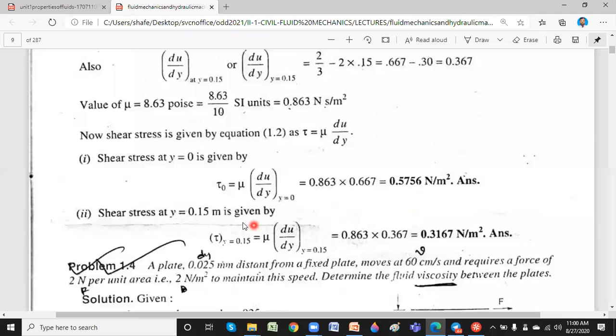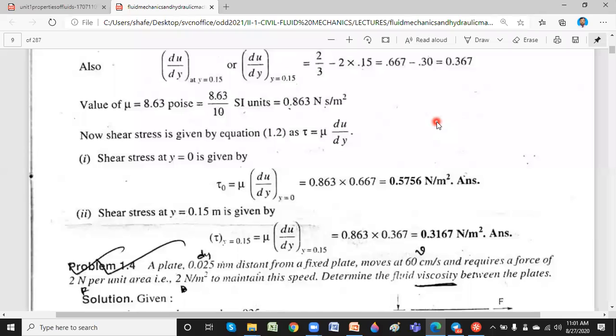Now when the distance is 0.15 meters, I use the same Newton's law of viscosity, and finally you have 0.3167 newtons per meter square. See the difference here. When you have no oil or no distance between the plates, you have more shear stress, 0.57. Once you have some distance filled by oil, the stress has been reduced from 0.5756 to 0.3167 newtons per meter square.